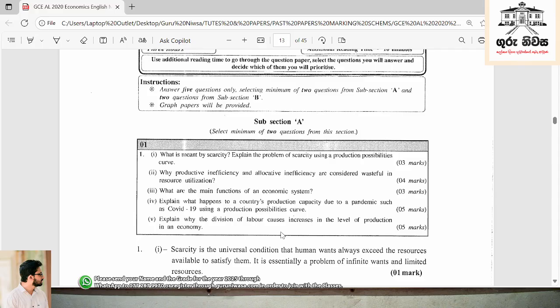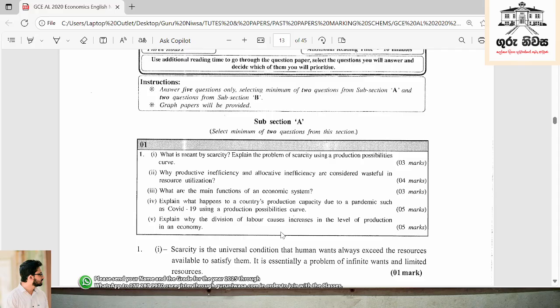But if these two don't get affected, for example, a temporary shutdown, travel restrictions, curfew, can you remember?